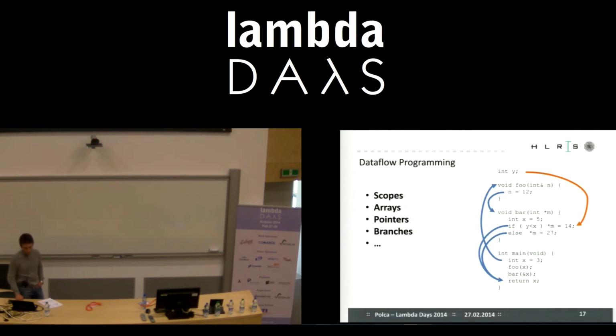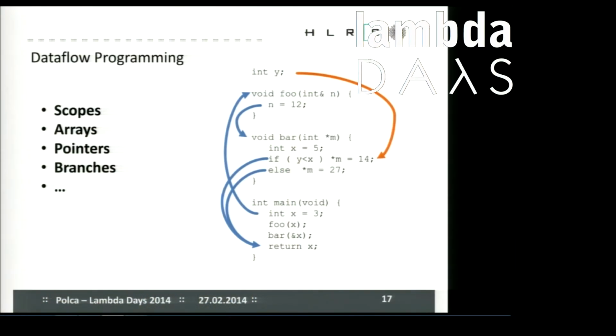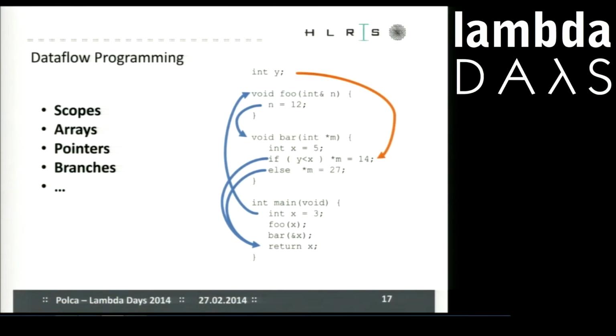So how do you insert dataflow into languages like C? Basically, automatically, you cannot do it. You have all these scopes of variables, arrays, pointers. I don't know how many people here have created a pointer to an array of pointers to functions. I did that once.